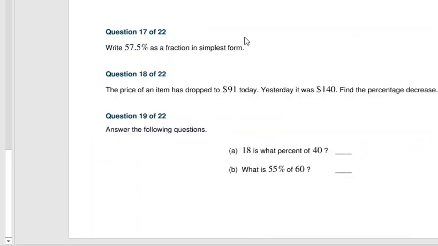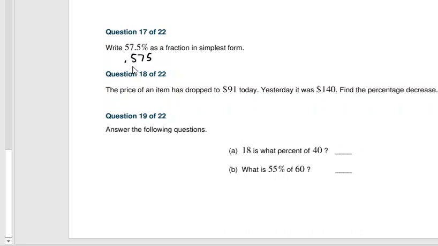Okay, so the next one: write 57.5% as a fraction in simplest form. If we change 57.5% into a decimal, we're going to get 0.575.